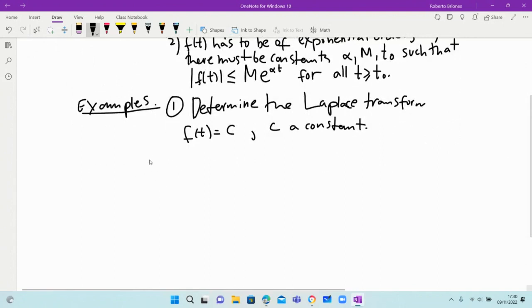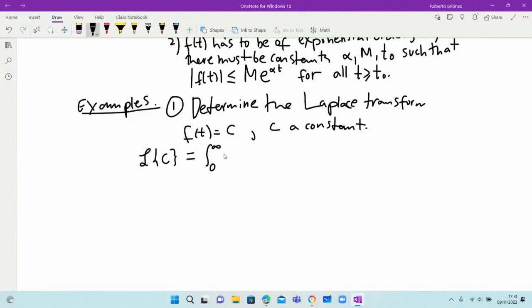So for the solution, the Laplace transform of the function f of t equals c will be, using the notation now, L of c, which is the same as the integral from 0 to infinity. I replace f of t by c and write beside it e to the negative st dt.